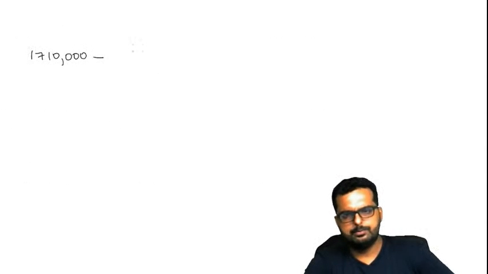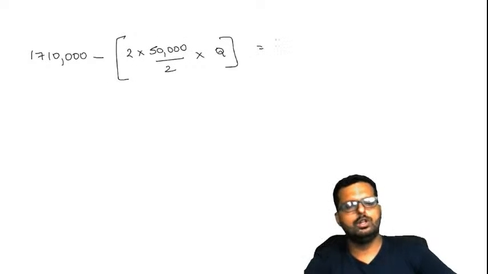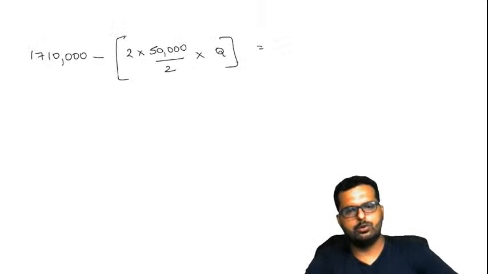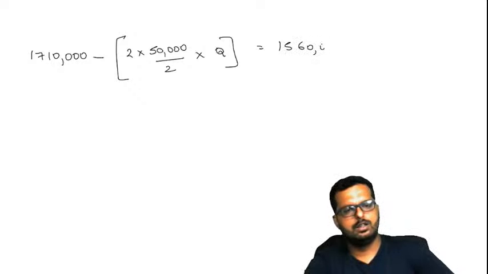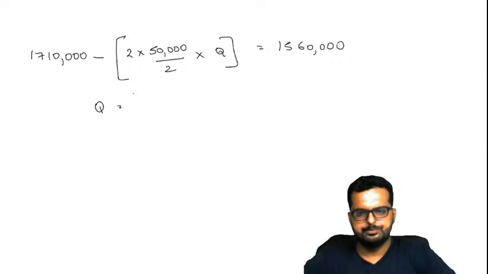17,10,000 minus 2 into 50,000 divided by 2 into Q is equal to how much? What is the new revised variable cost? 15,60,000. So what will be the value of Q that you get over here, friends?